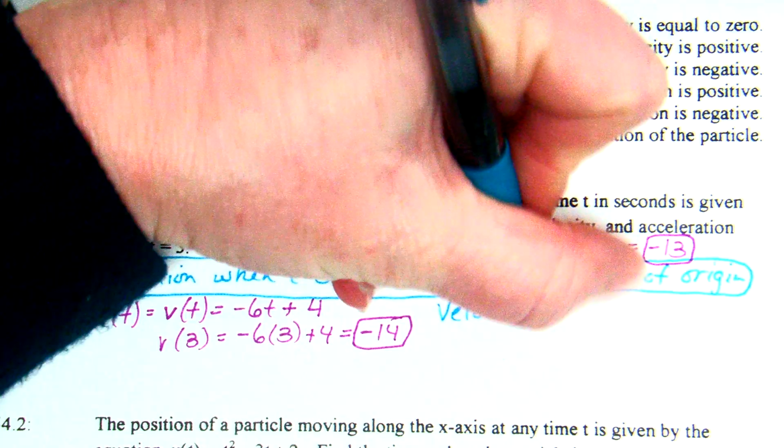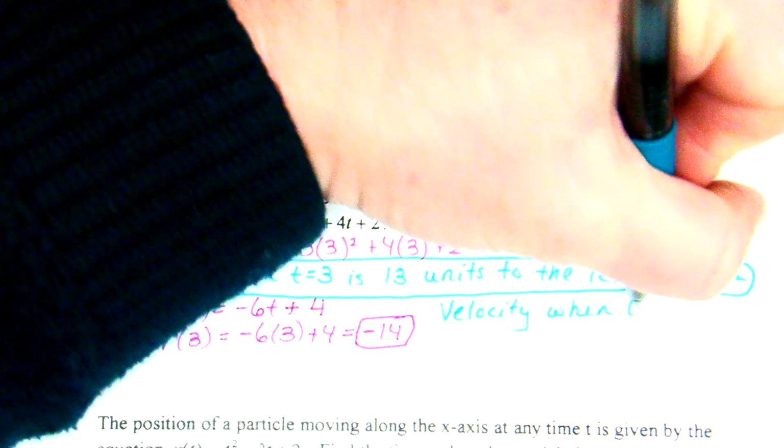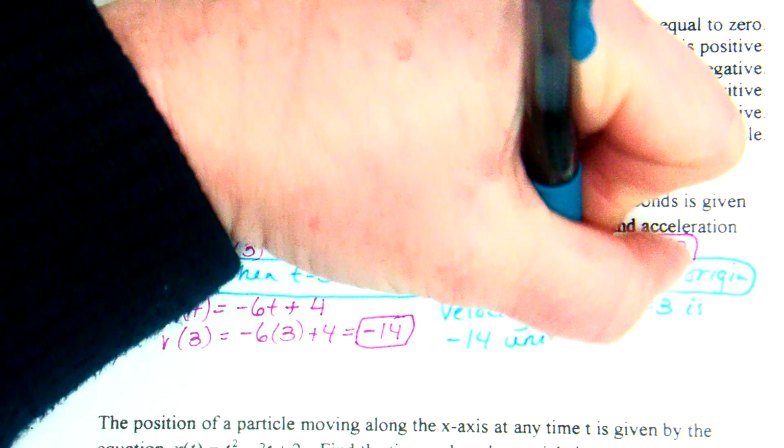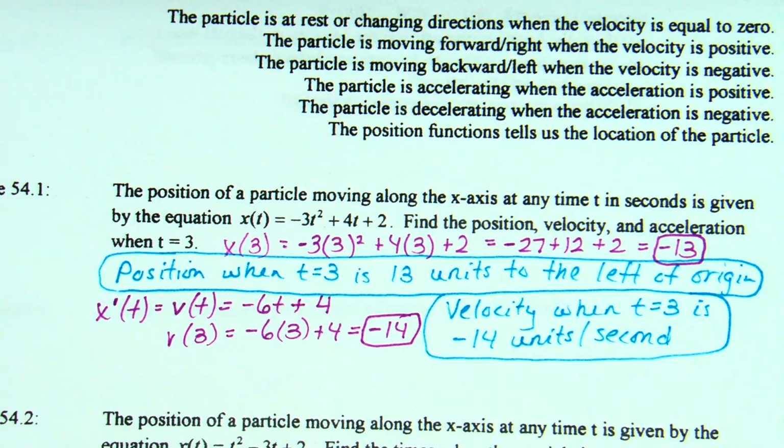So velocity when t equals 3 is negative 14 units per second. And you could say moving 14 units per second to the left, I guess.